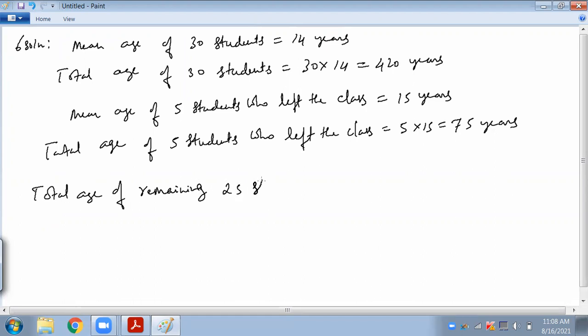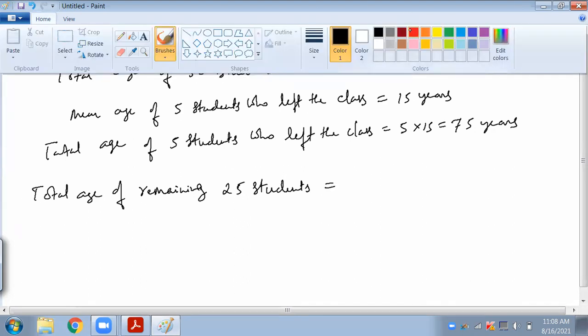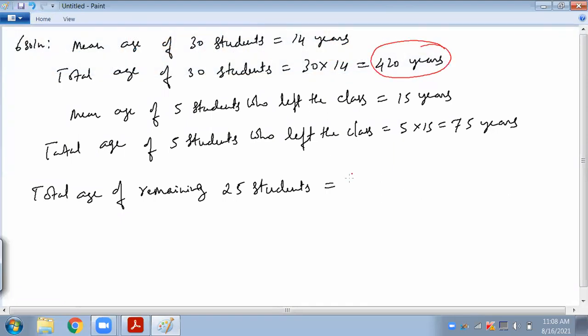The total age of the remaining 25 students will be equal to the total age of 30 students minus the total age of the 5 students who left the class. So 420 minus 75 is 345. Now we know the total age of the remaining 25 students, so we can find the mean age.